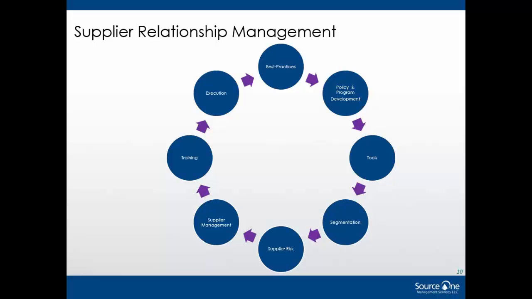These supplier management tools that we talked about before, based on the segmentation and your risk program, then help determine which tools you actually use or which ones you don't use, or how you further develop your tools to work better. Next stop along here is the training, right?